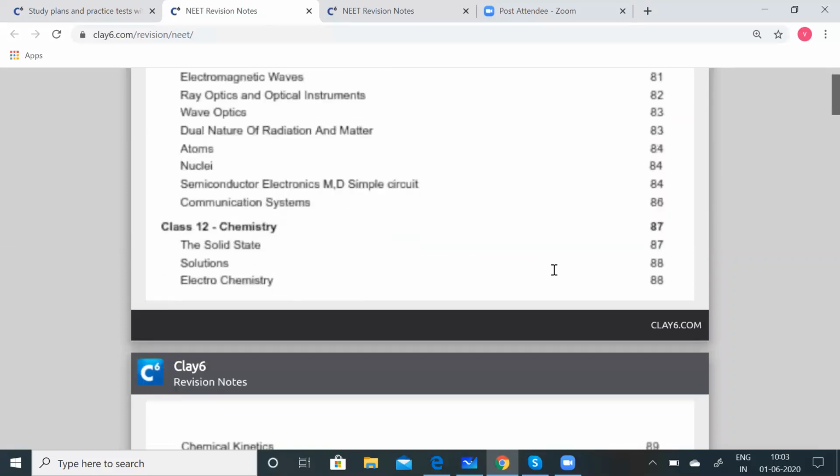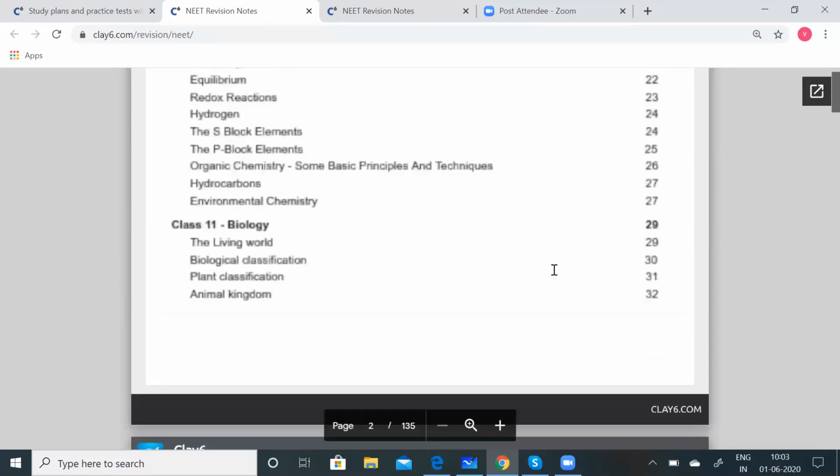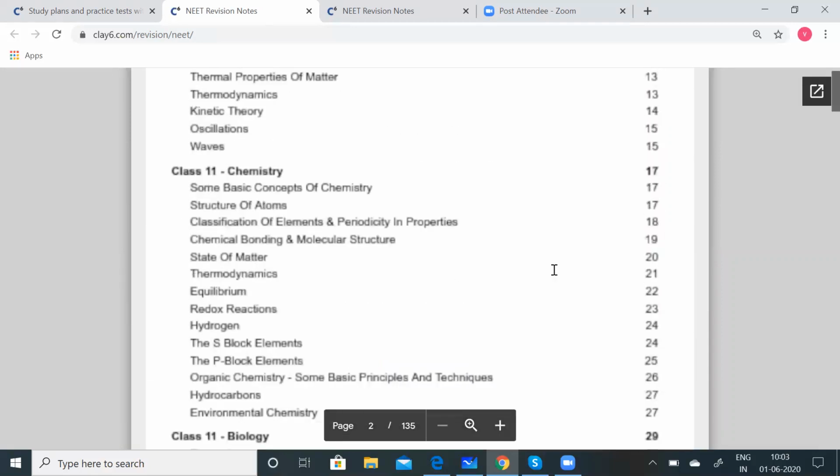You can go through this, and once you are thorough with all the concepts and ready for the test, you can take the tests and practice them more than one time.